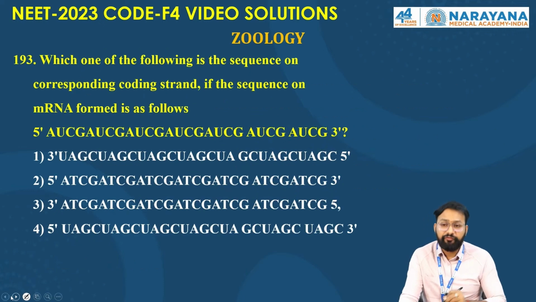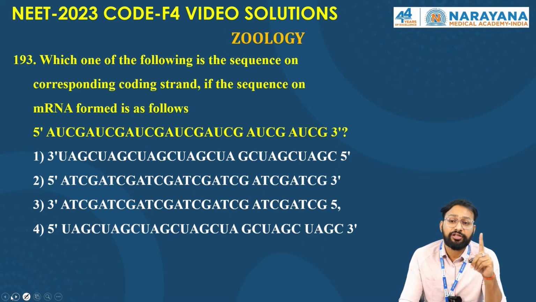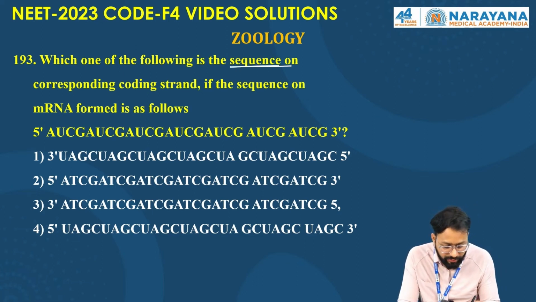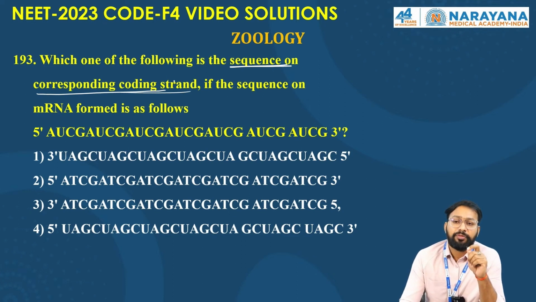Next, question number 193. It is related to the coding sequence. Which of the following is the sequence on the corresponding coding strand if the sequence of the mRNA formed is as follows?